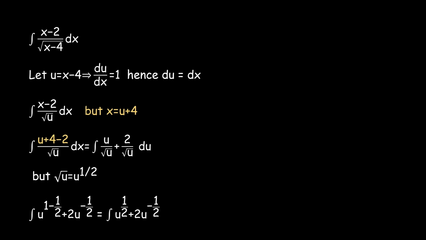So we have to integrate u to the power half plus 2u to the power minus half. This would give us u to the power 3 over 2, over 3 over 2, plus 2u to the power half, over half, plus c.